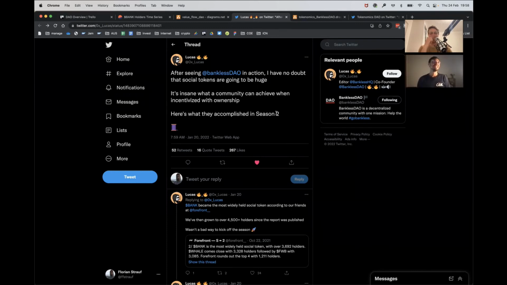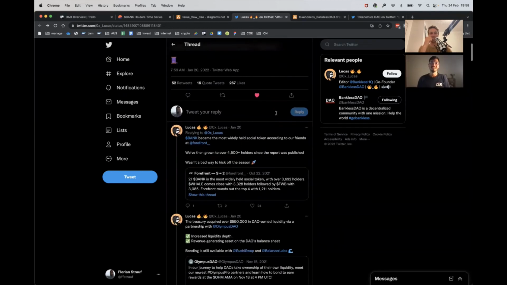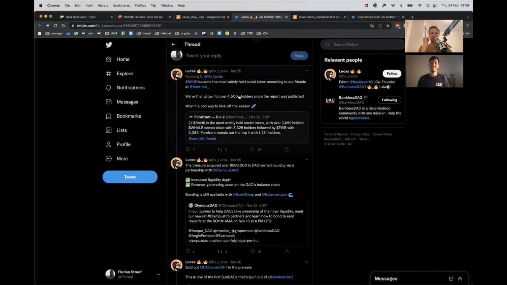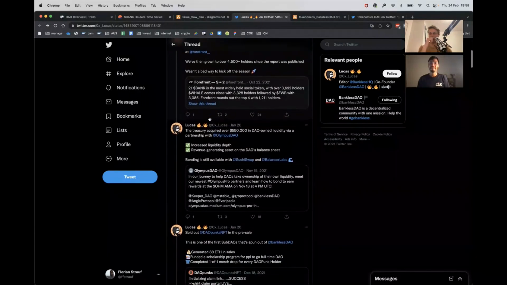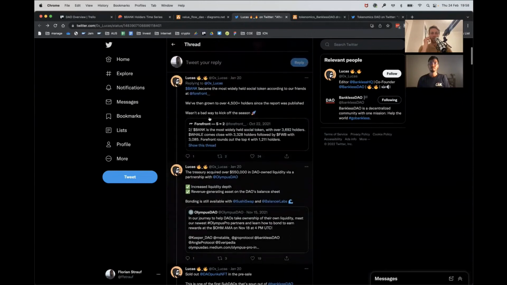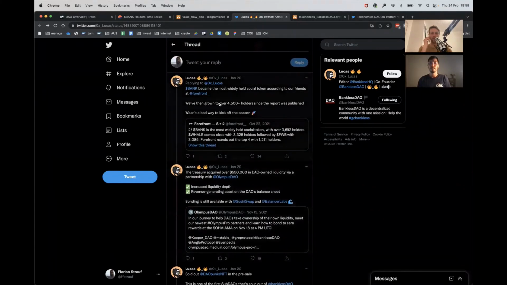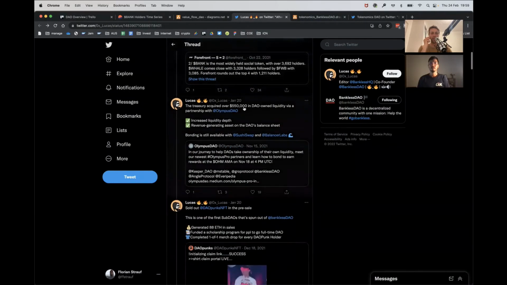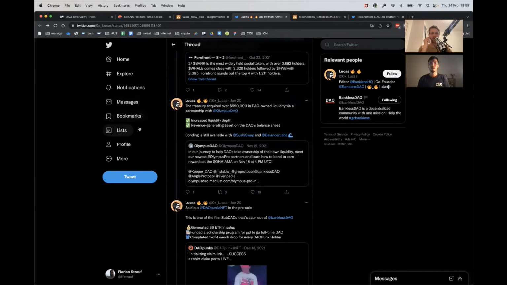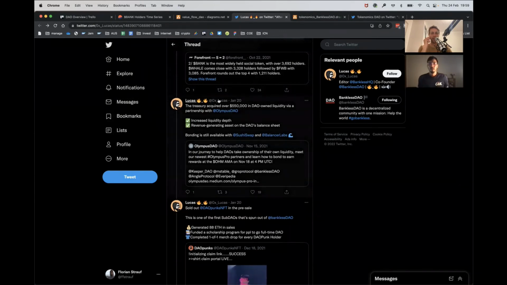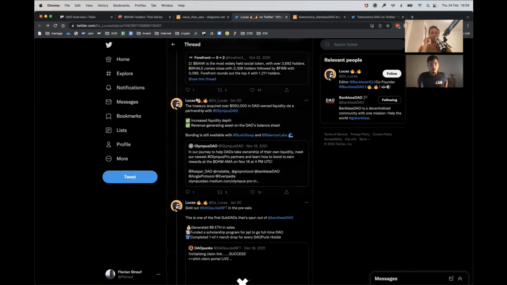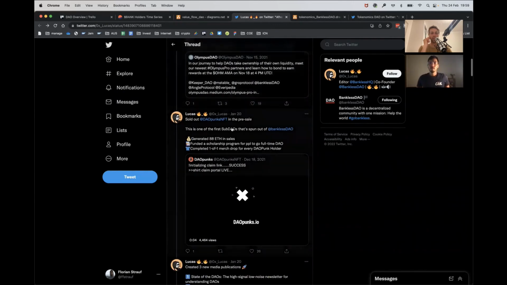But yeah, to go through this, they've got like 4,500 holders, the most widely held token. And they've got some partnerships with other DAOs, where they have acquired liquidity from Olympus DAO that they now own, and that liquidity allows them a source of income.